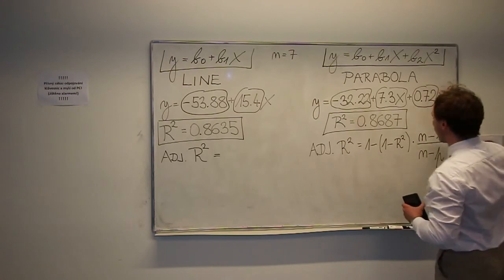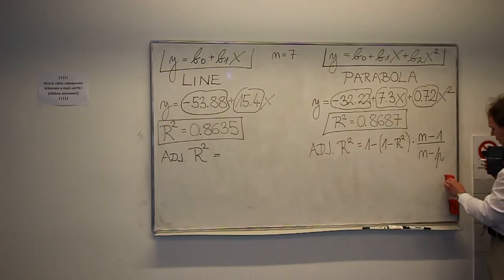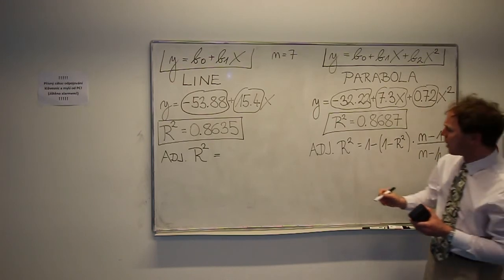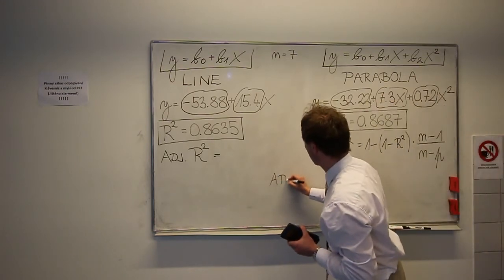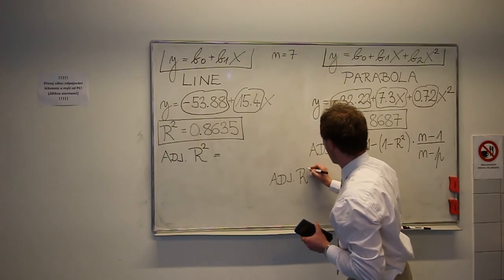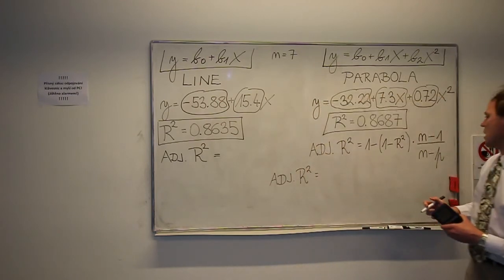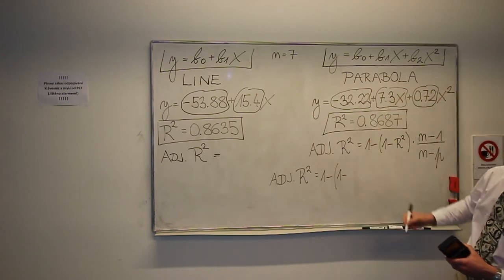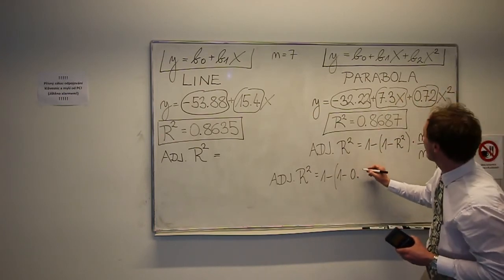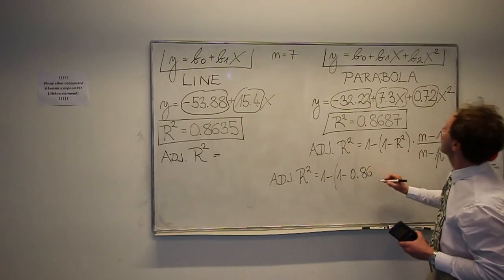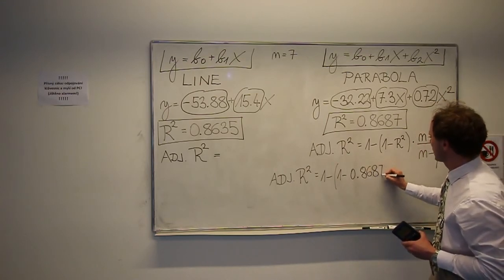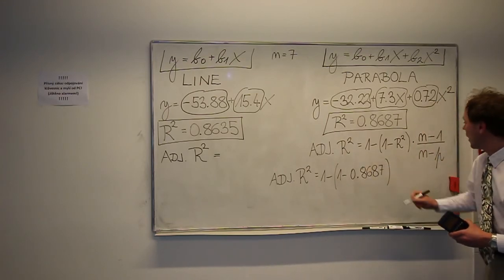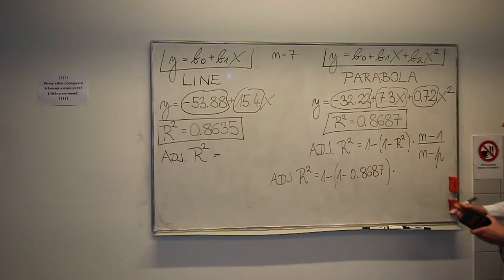So I will calculate this adjusted R squared for the case of the parabola. Adjusted R squared is equal to 1 minus this classical R squared, 0.8687, and there will be multiplication.